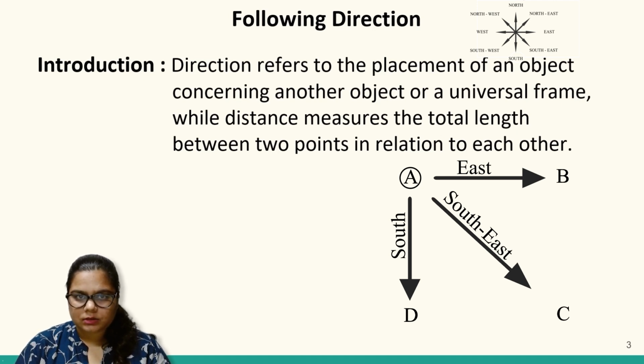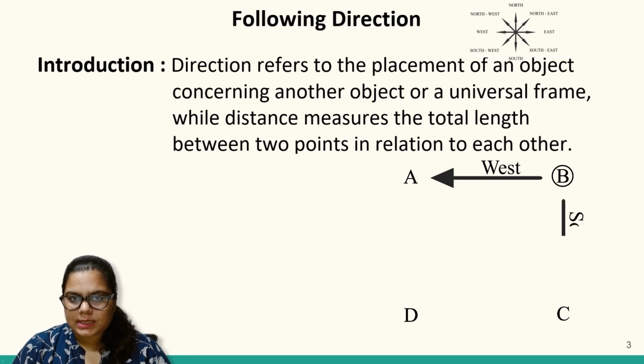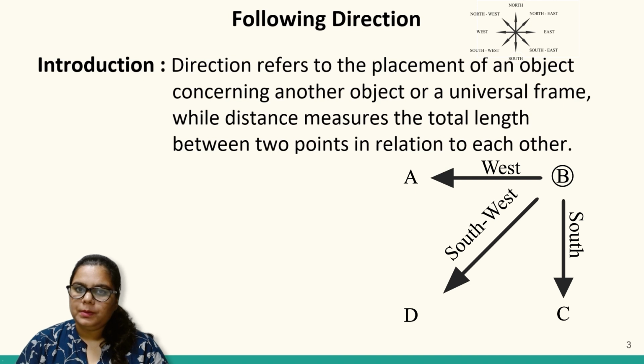Now let us understand it from the point of view of B. From the point of view of B, A is to the west of B. Similarly, C is to the south of B. Therefore, D is to the southwest of B. This was with respect to B. Understood?